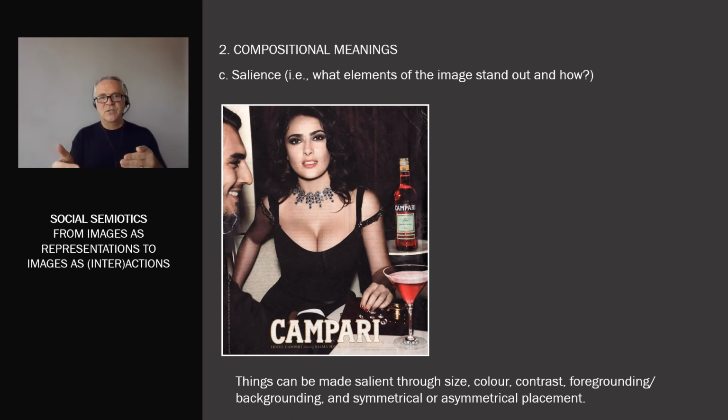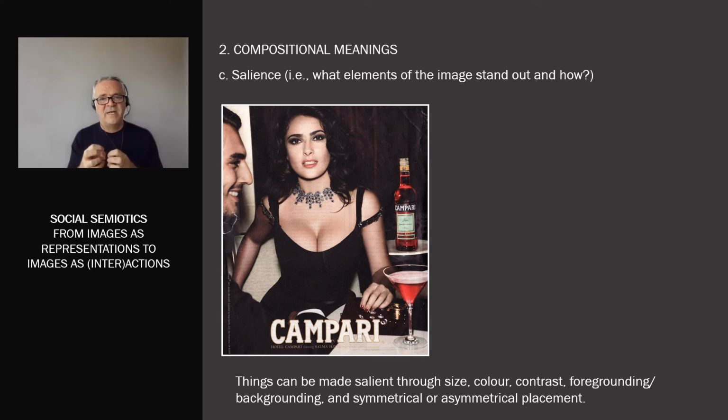But here the centering is enhanced, in other words, her breasts are made even more salient through contrast, their whiteness against the darkness or blackness of the rest of the image.